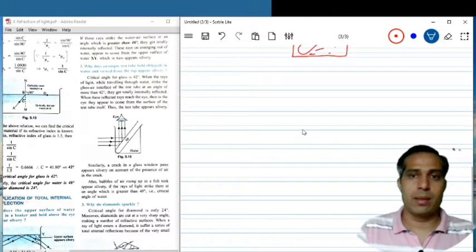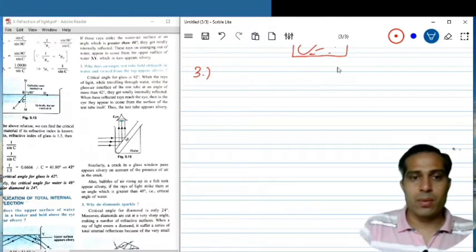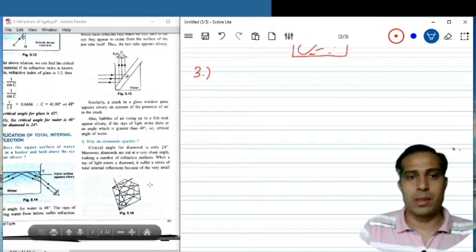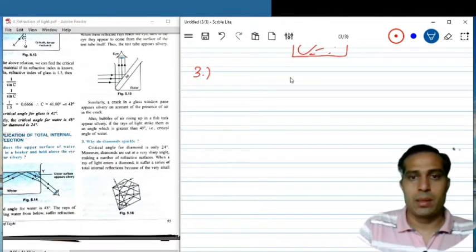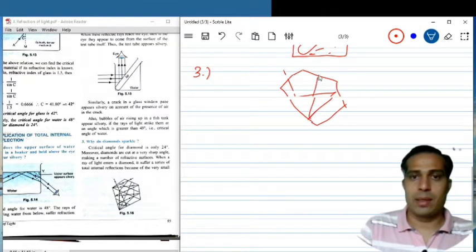Then the third application that we have is, why do diamonds sparkle? That is again because of the same reason. The cutting of the diamond is done in such a way that the ray which is entering inside suffers multiple reflections inside, like this.